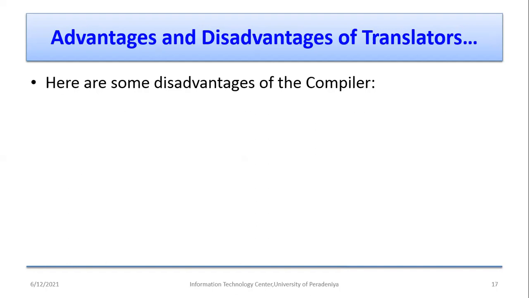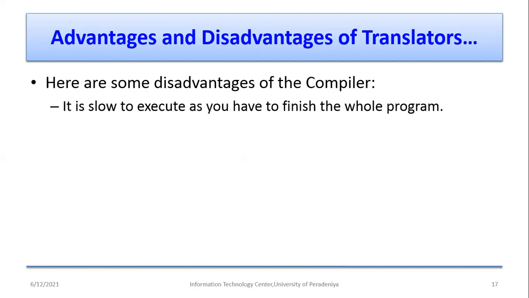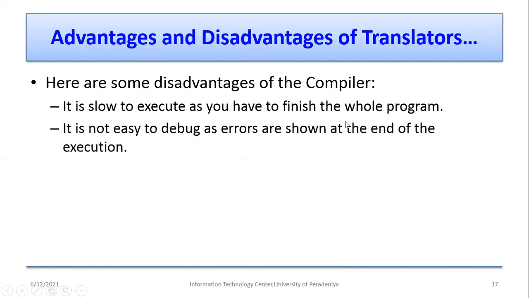So here are some disadvantages of the compiler. It is slow to execute as you have to finish the whole program, and it is not easy to debug as errors are shown at the end of the execution, right?